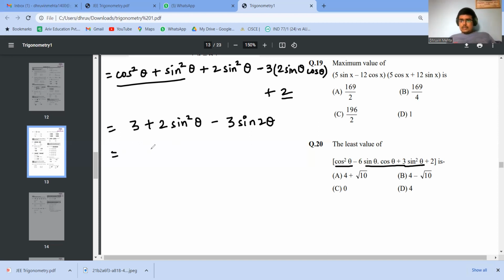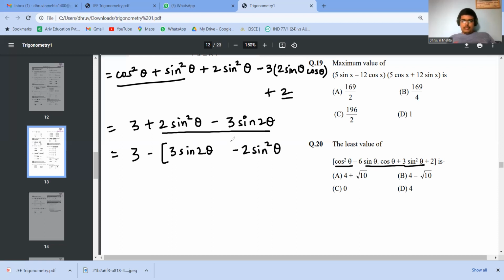Can we take 1 from 3 or something like that? No, see, what we'll do is from this part I'm taking minus common. So now we have 3 sin 2 theta minus 2 sin square theta.